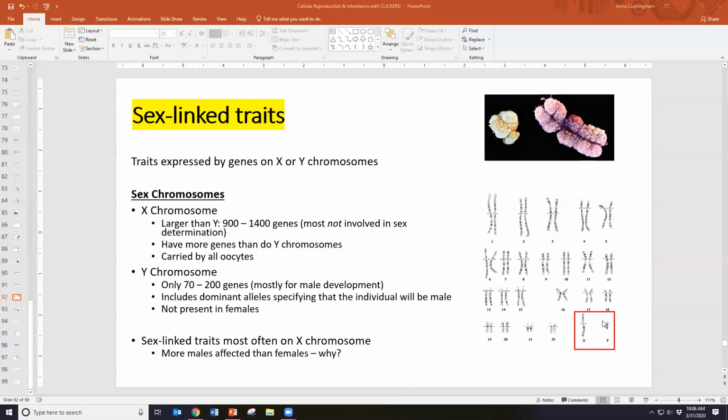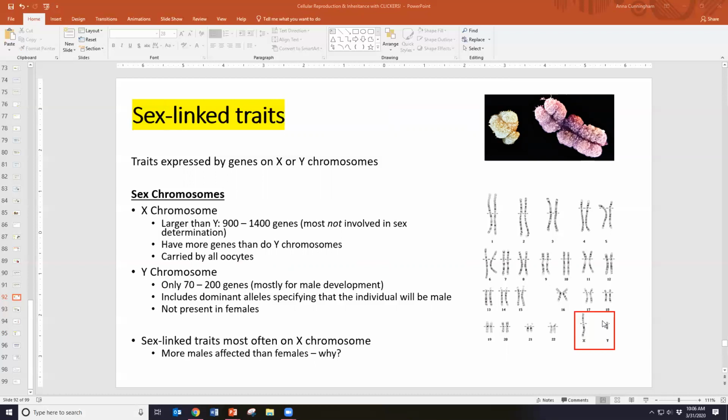Like we just talked about, in cats the X chromosome contributes to fur color. That makes sense because all organisms, male and female, have X chromosomes, so we can have a lot of genes that are involved in other things aside from sex. And that's why they can also carry more genes than the Y chromosome.